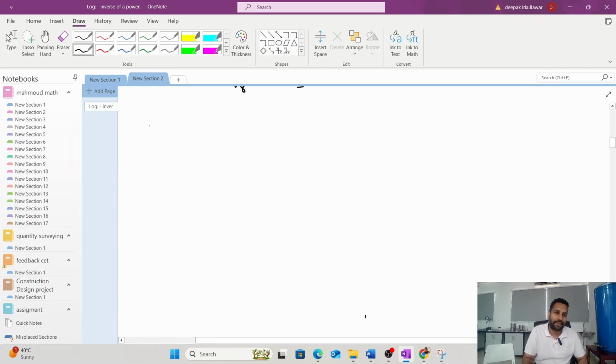Sometimes you are given ln. ln is nothing but the natural logarithm. Now what do you mean by natural logarithm? Natural logarithms are logarithms with base e.